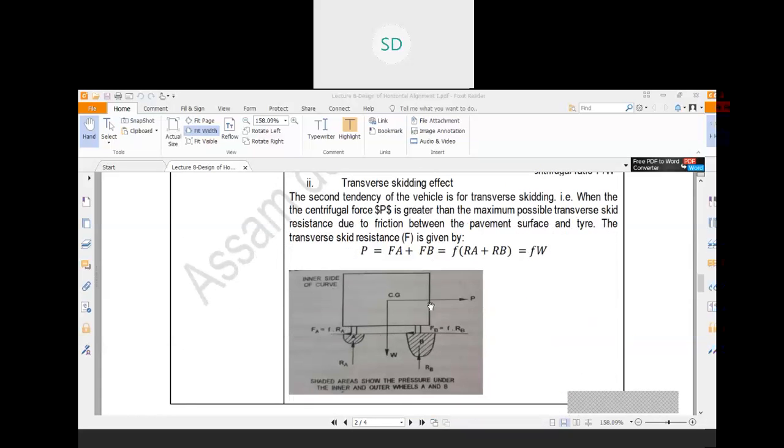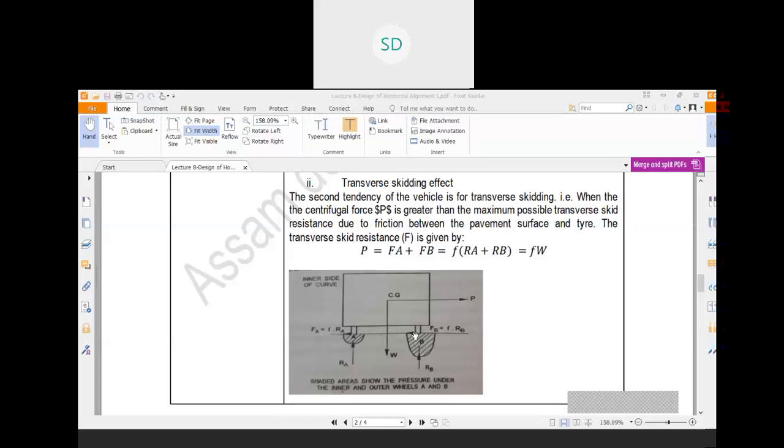Suppose this is the vehicle, this is the centrifugal force, this is A and this is B. Now, whenever a vehicle is over there, some frictional force will be acting. Whenever this vehicle is going through a horizontal curve, if this is the direction of the centrifugal force, that is P, the direction of the frictional force would be in the opposite direction. So here frictional force would be FA, and here it would be FB.